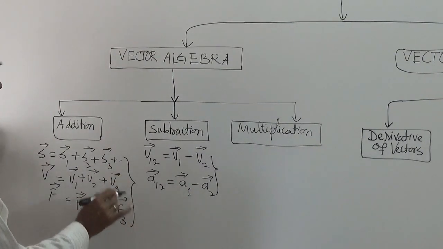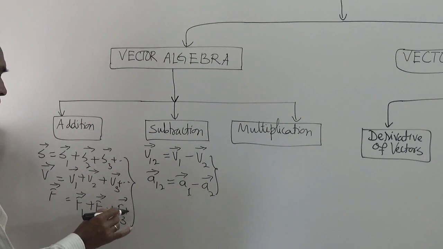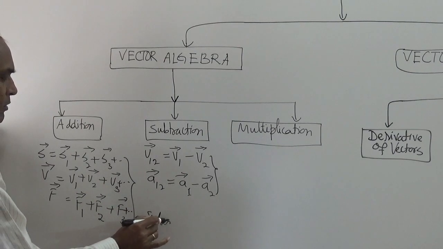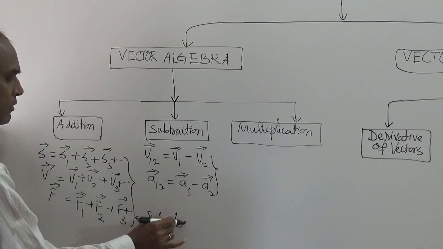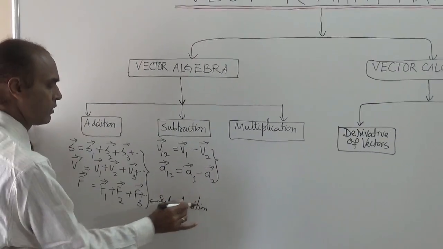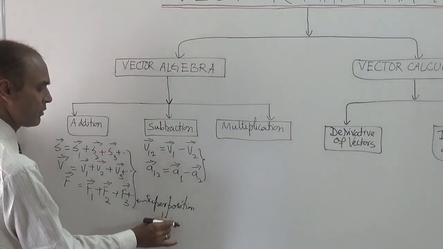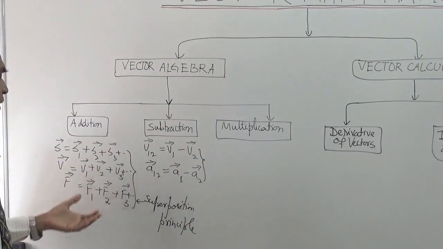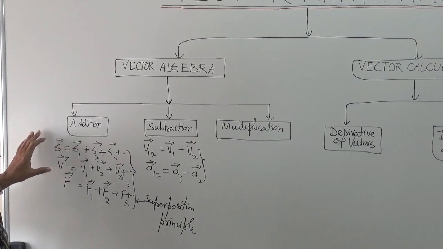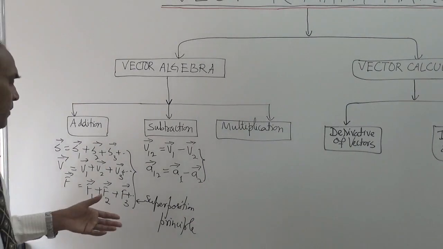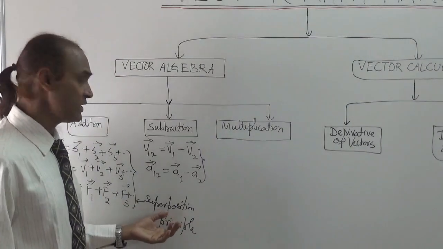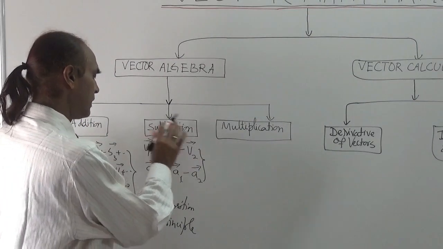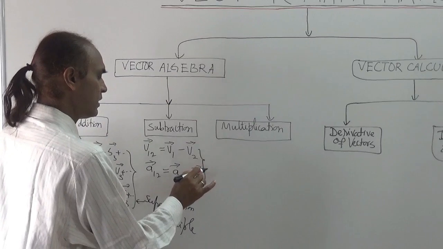And this can be called the superposition principle. Addition of vectors can be called superposition. In different areas of physics, we can use the concept of addition.